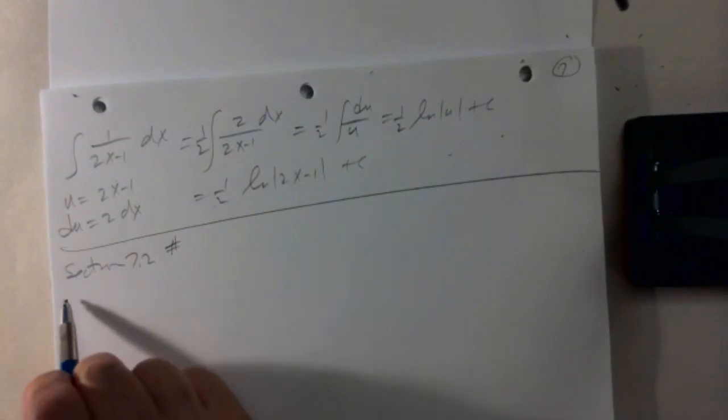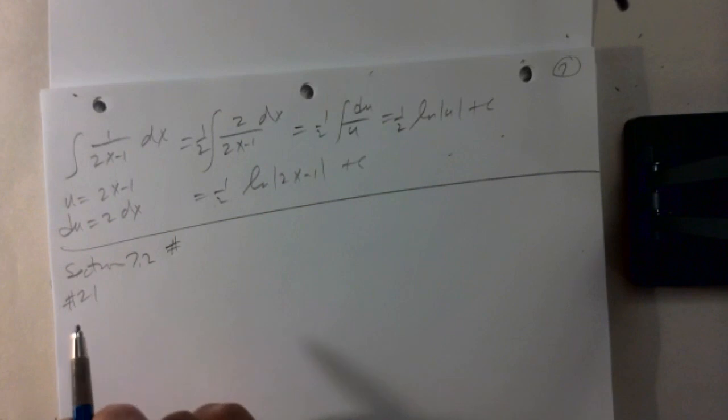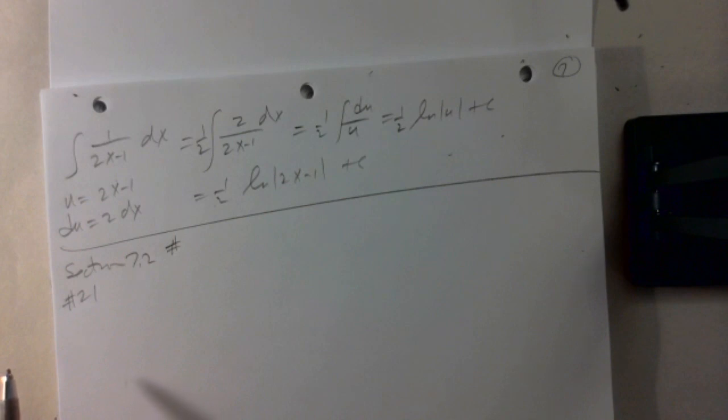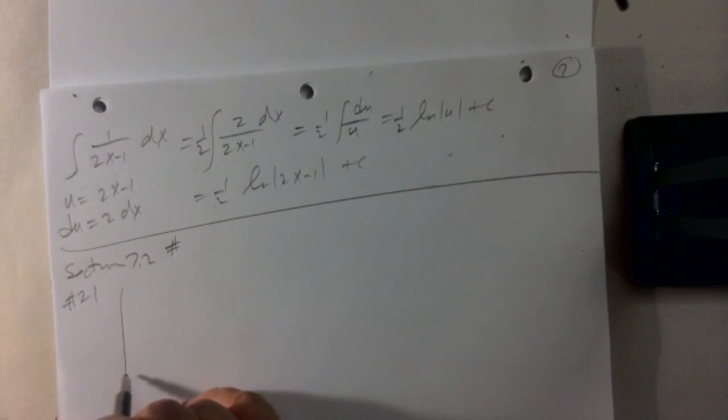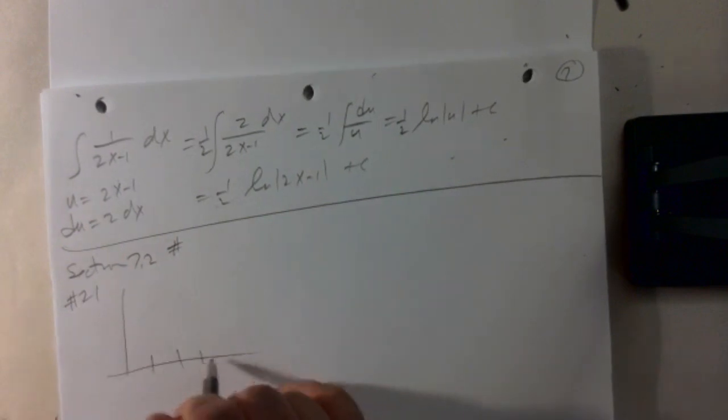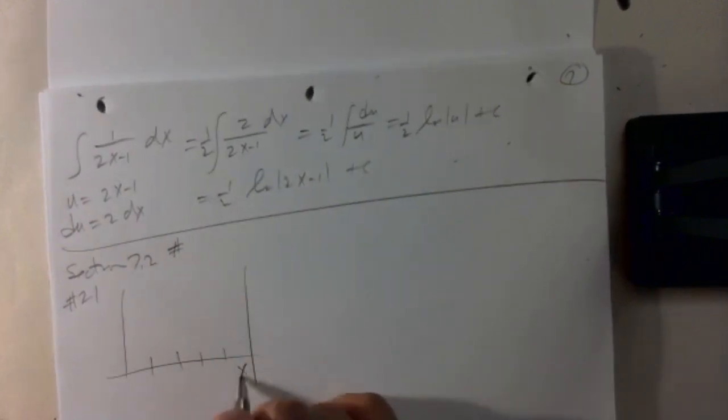Let's do number 21. Problem 21 says: find the volume of the solid generated by revolving the region bounded by the graphs of the equations about the line x equals 5.